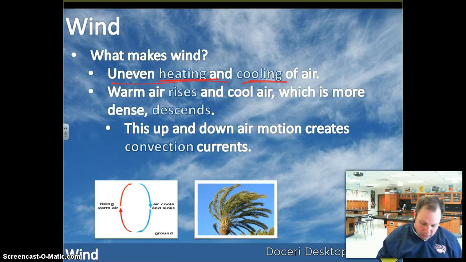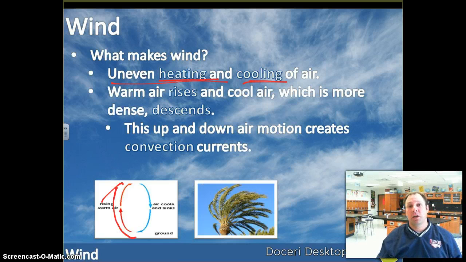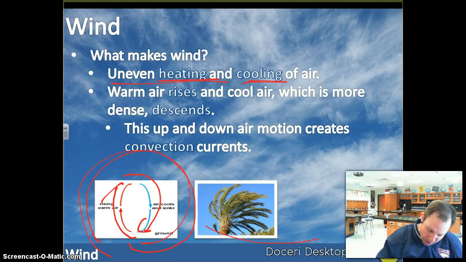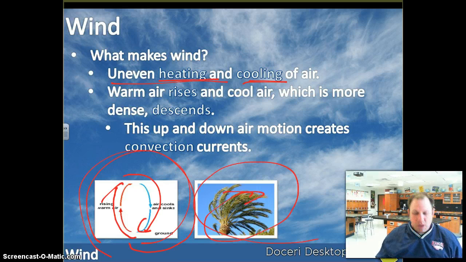So when the air comes across warm ground, it is heated and it begins to rise, but as it goes up in altitude, it starts to cool and therefore it descends. And then we get this cycle, this circle, and then obviously when the air is coming across the surface from this cooling, descending, and rising, we have wind.